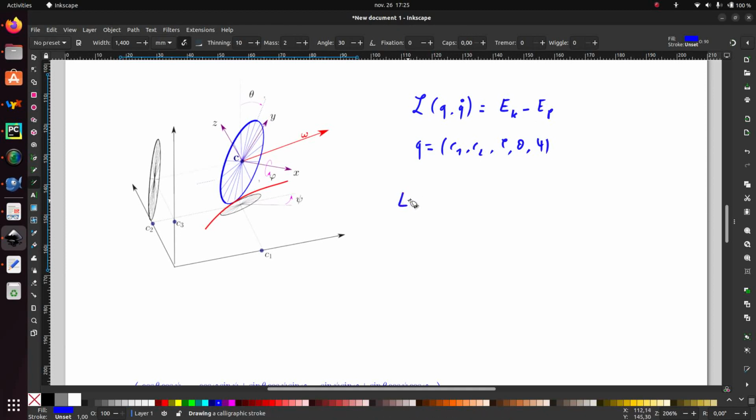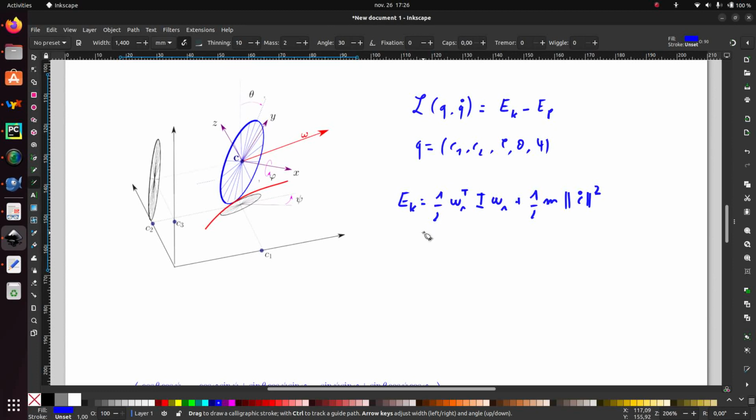The kinetic energy is equal to half of the rotation vector omega R expressed in the body frame, multiplied by I, the inertia matrix in the body frame, multiplied by omega R, plus half m, the norm of c dot, the three-dimensional vector, squared.